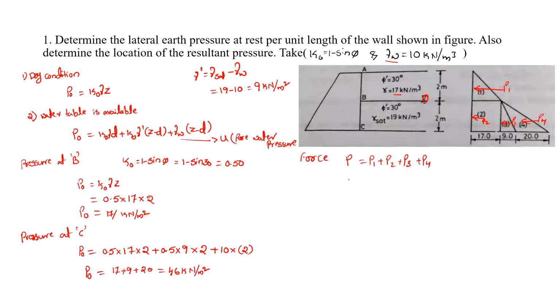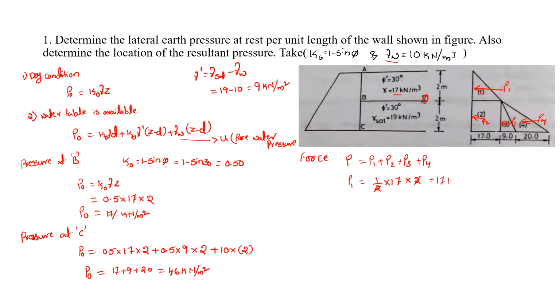So we have to calculate the P1. P1 is half into base, we have 17. So the width of this first triangle is 17, into height. This first triangle's height is 2 meters, so we take 2 meters, that is the value 17 only.